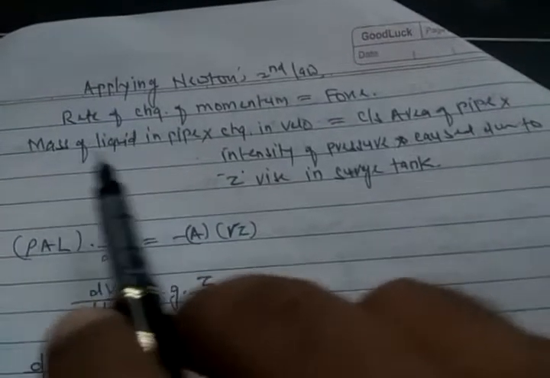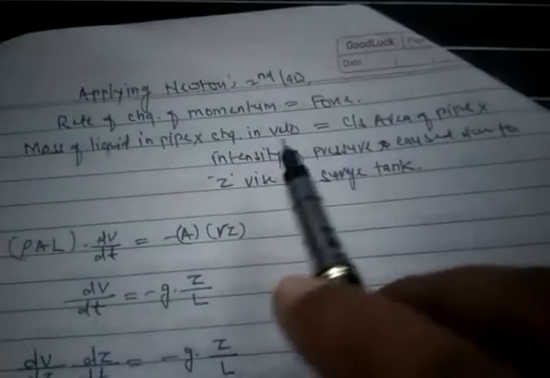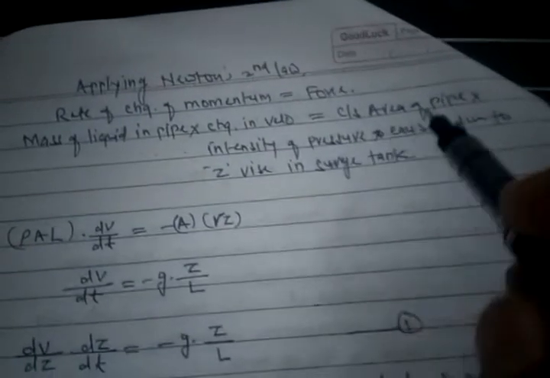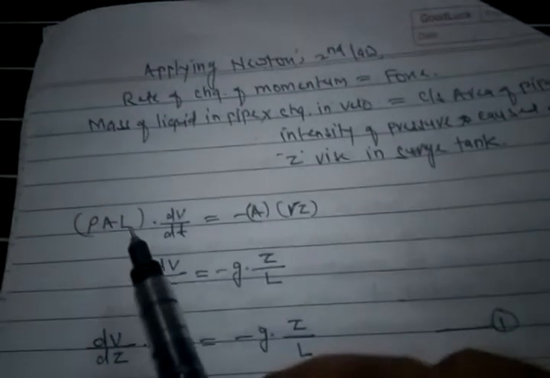So this is written as mass of liquid in the pipeline divided by time into change in velocity. So this is it: rho A L, the mass of liquid, into dV by dt. This is momentum, and this is equal to force, A, the cross sectional area, into gamma into Z.